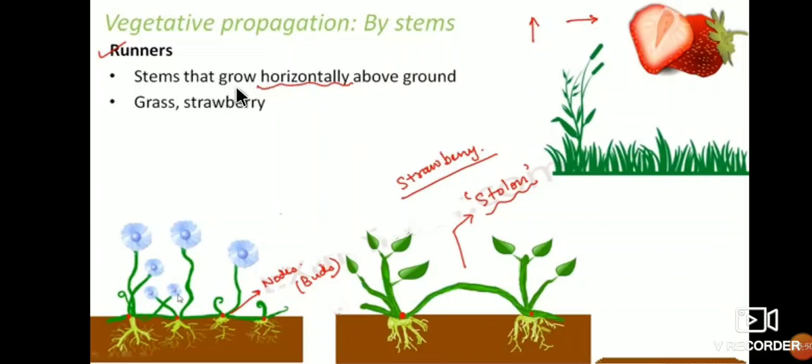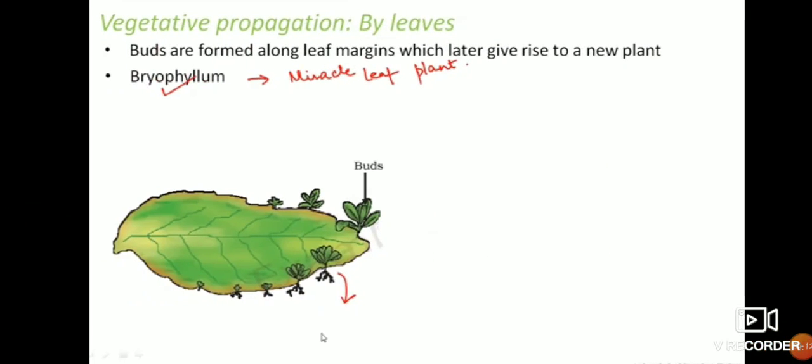These are stems that grow horizontally above the ground. Examples they have given are grass and strawberry. Grass is a very good example of vegetative propagation by stems.